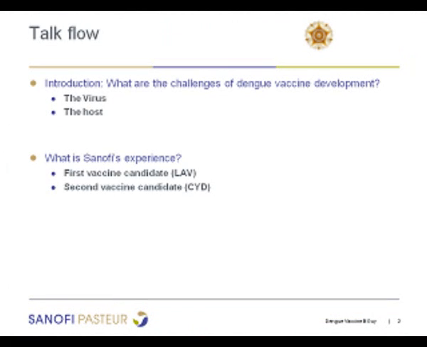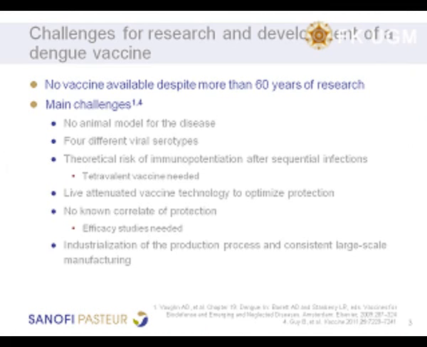Now, the goal of vaccine development, of course, is to make a safe and effective vaccine, and some of the challenges are shown on this slide. Many of you have seen this slide before. So the absence of either an animal model for disease or a recognized immune correlate of protection creates challenges for the selection of suitable vaccine candidates, and also for the standard measurement of vaccine potency.